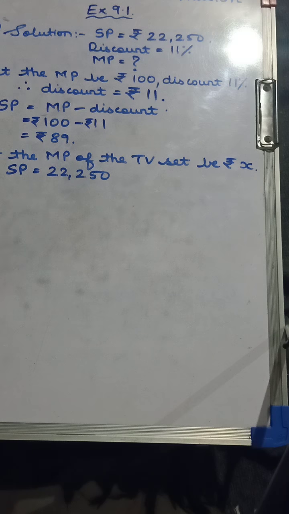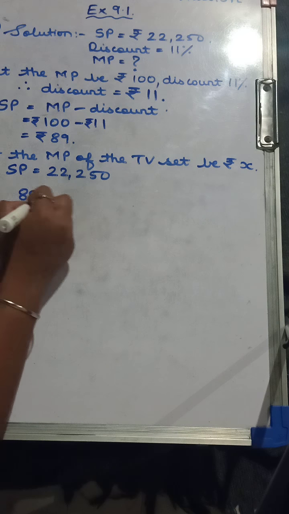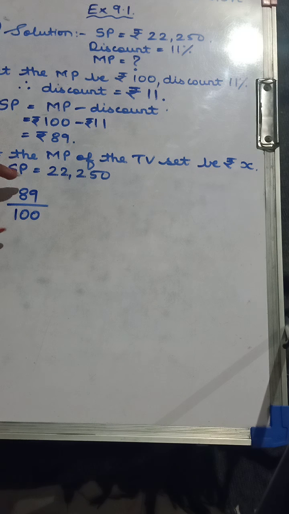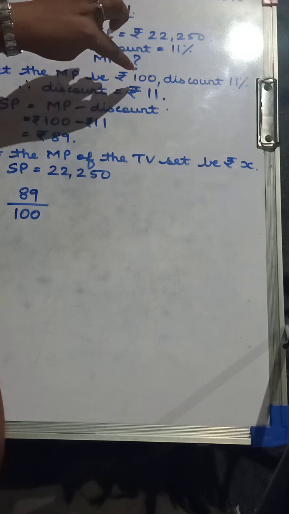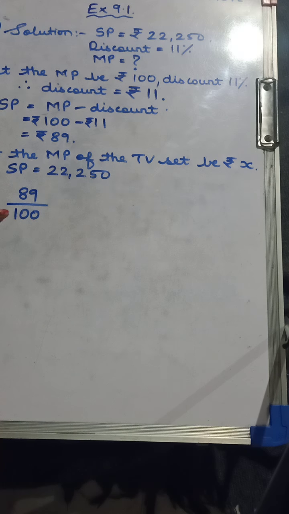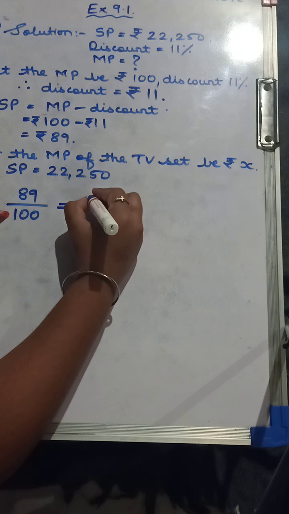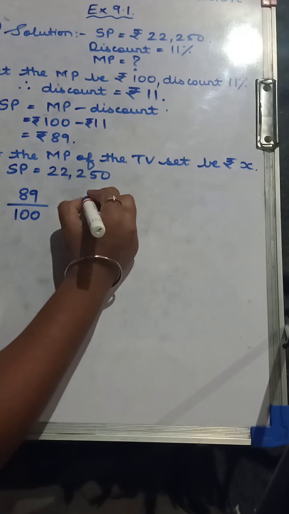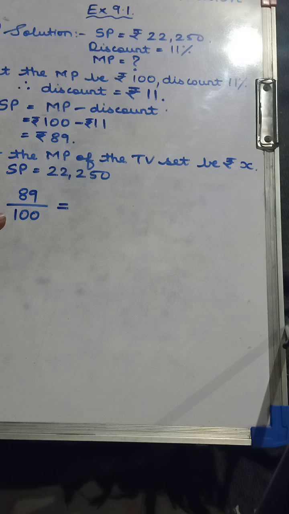So now we are going to take all together, that is SP upon MP. This is what the assuming one is there, that is SP is 89 and our marked price here is 100. So 89 upon 100, which is equal to, again we are going to take the selling price that is there. So our selling price here, the first part selling price was 89 and marked price was 100.